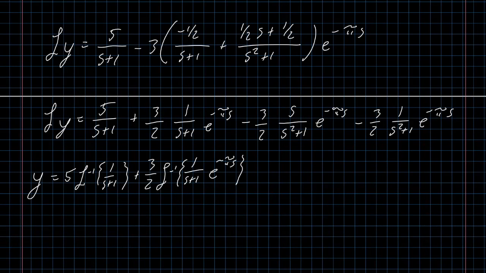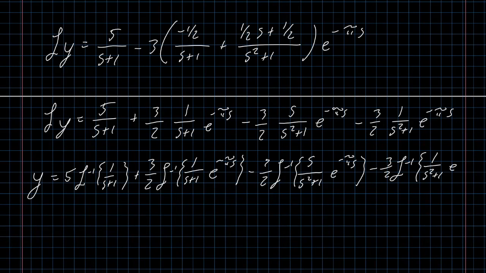We will have minus 3/2 times the inverse Laplace transform of s over s squared plus 1 times e to the minus pi s. And we'll have minus 3/2 times the inverse Laplace transform of 1 over s squared plus 1 times e to the minus pi s.